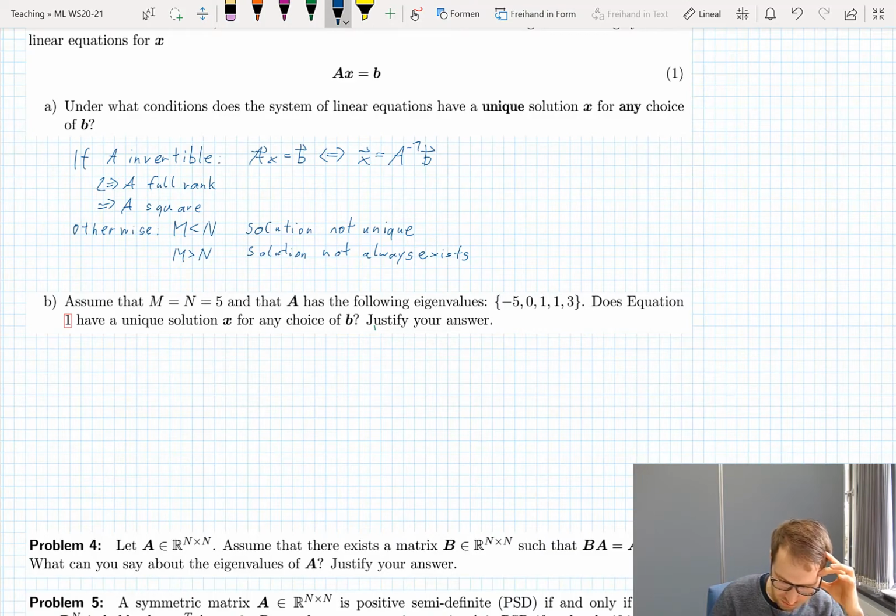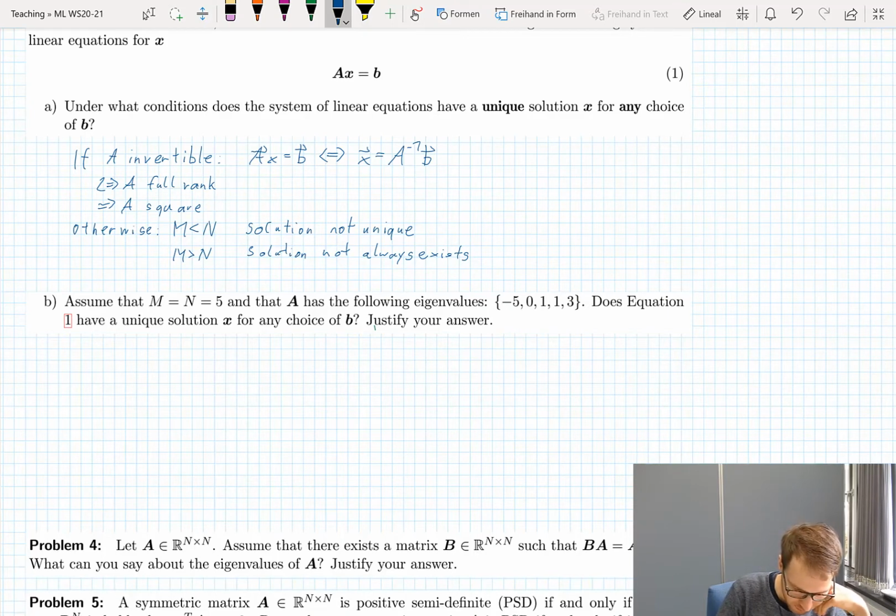So we have a 0 eigenvalue. And earlier we said A has to be invertible. But being invertible or being full rank means that you have no 0 eigenvalues. You only have non-zero eigenvalues. Therefore, it does not have a unique solution.